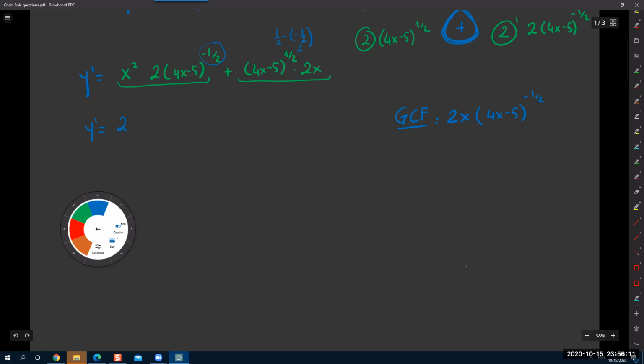So the greatest common factor is 2x times 4x minus 5 to the negative 1/2 power. What's left inside the parentheses from the first term is just x. From the second term, what's left is 4x minus 5. That's it.